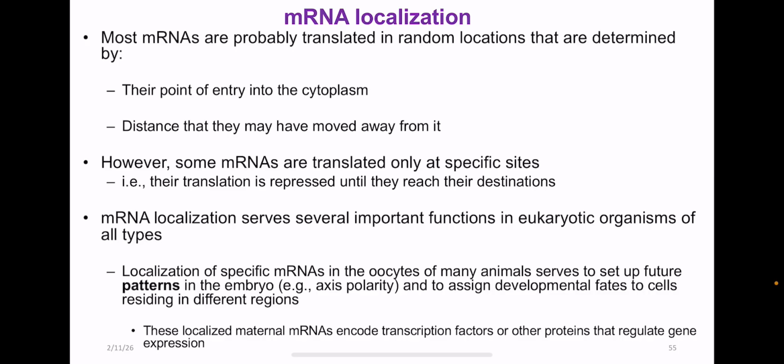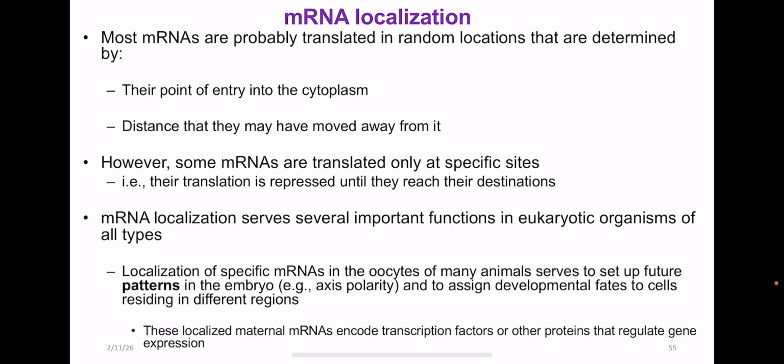So how are these mRNAs localized? mRNAs are going to be translated into proteins, and proteins have to be compartmentalized. They have to work at specific locations. And even some mRNAs have to be transported back into the nucleus. So how does the cell know that this particular mRNA has to go here, this one has to go here?